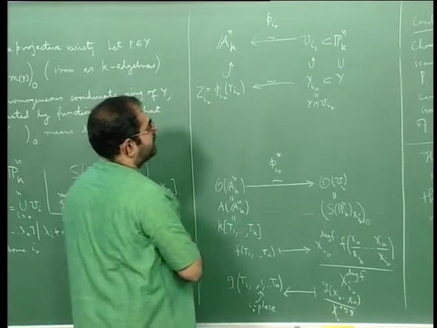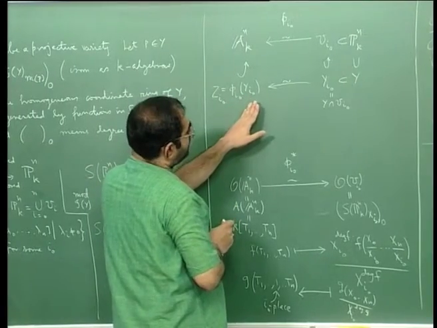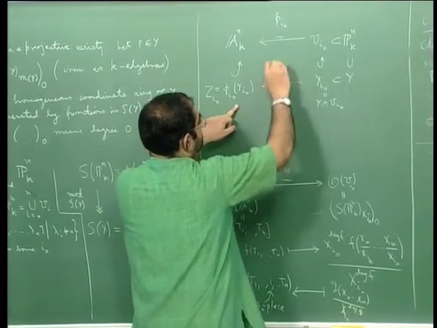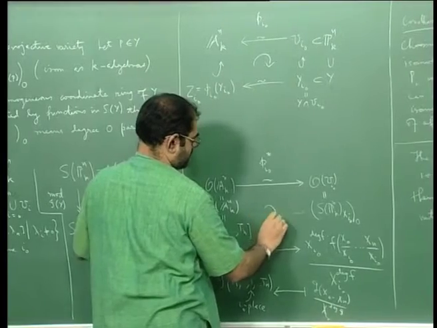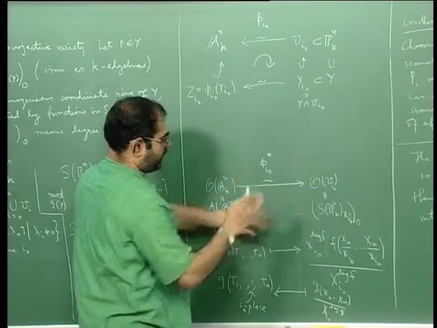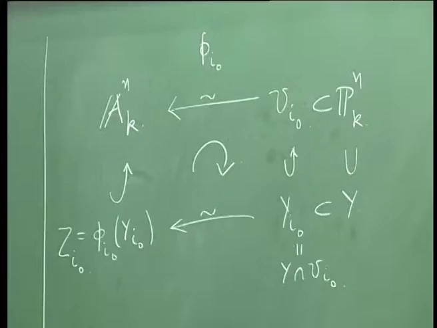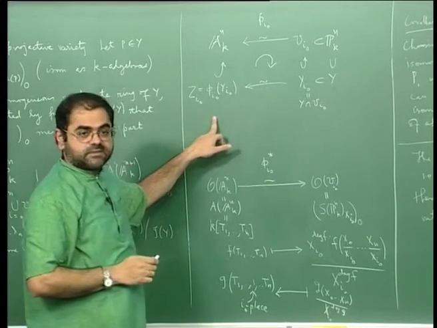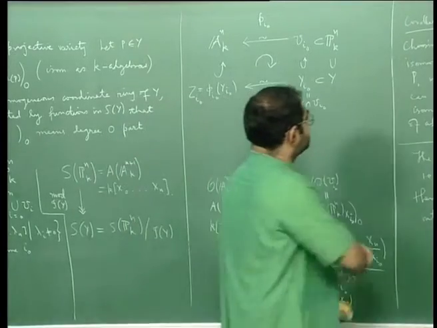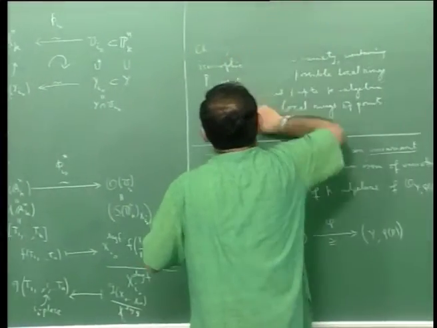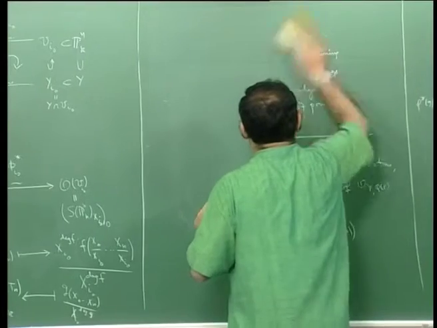And so this diagram commutes, here also the diagram, there is no diagram here, I am going to draw it in the next board. So this isomorphism, you can also write down what this isomorphism is, okay. So what this isomorphism is, well, let us write it down. It is going to be the following.